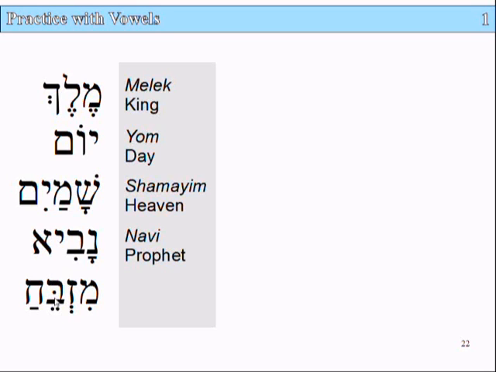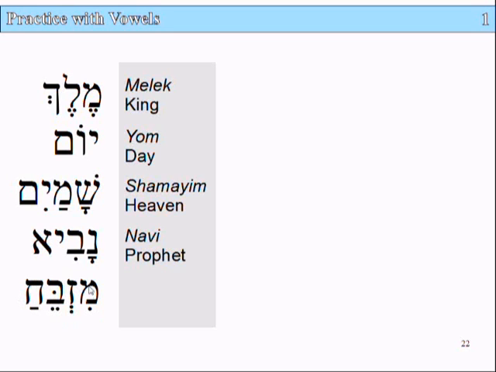This is a b sound, and it's an e. So it's miz, be, and the chet makes it a ch sound, but this patach means it's mizbeach. Now normally the vowel underneath the letter follows the letter, so it's pronounced after the letter, but when it's at the end of the word, it's often pronounced before the letter that it's underneath.